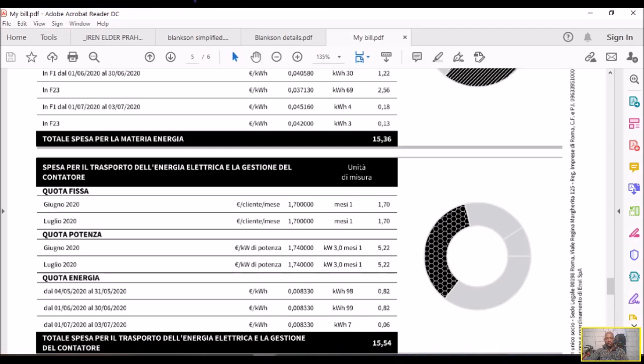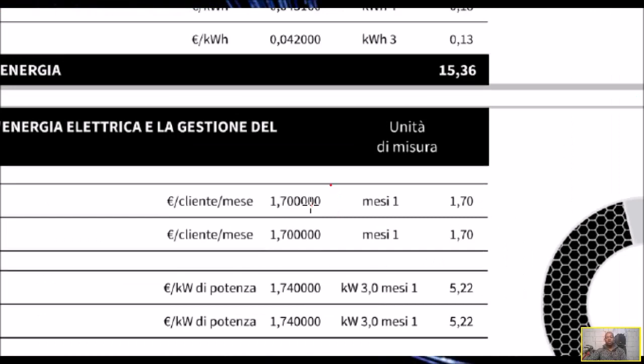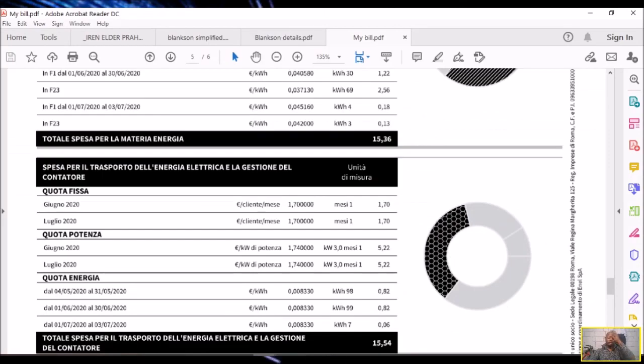These prices are the same, which is €1.70. It is the same everywhere because it is decided by the government. This part of the bill is not in any way decided by the company. Here it is decided by the government, and within the year of 2020, that is the price everyone is paying this year.